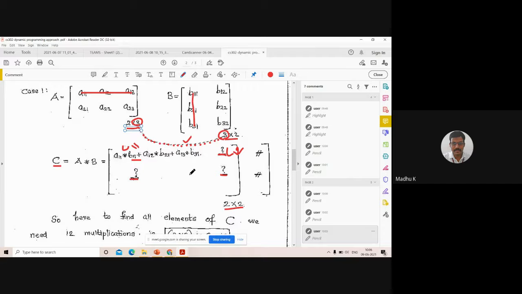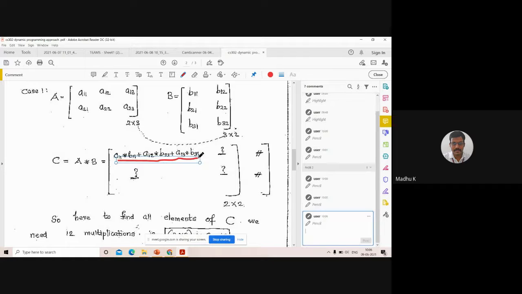But the important thing is, for finding C11, how many basic scalar multiplications are needed? We are interested in finding the number of scalar multiplications.